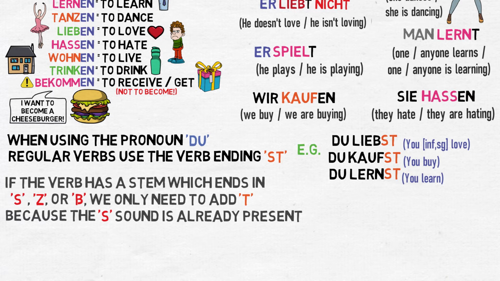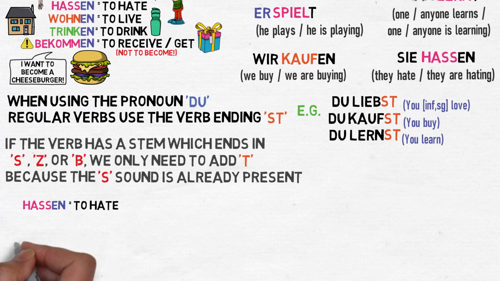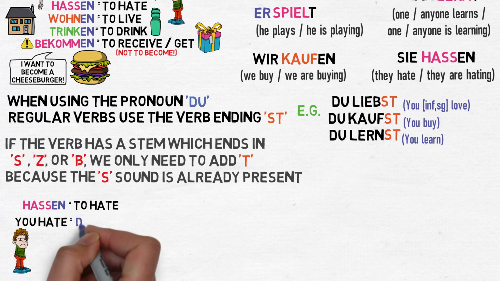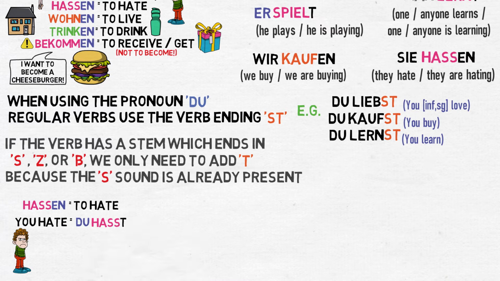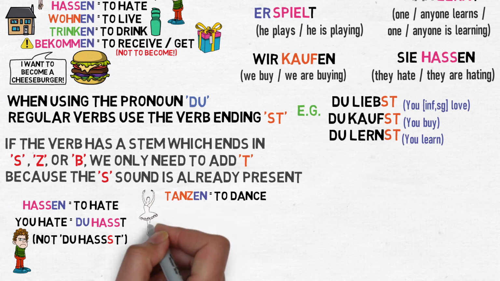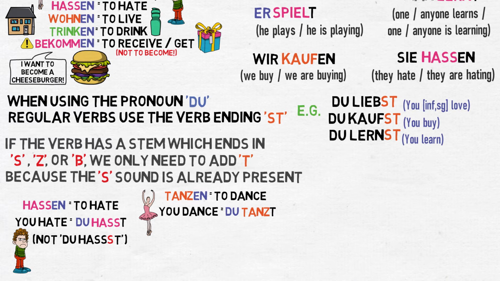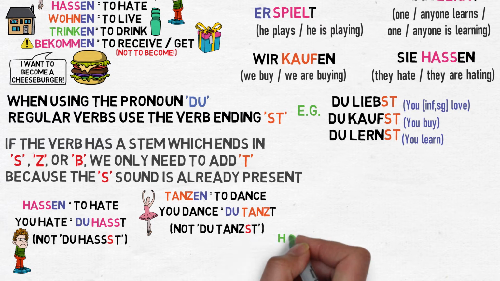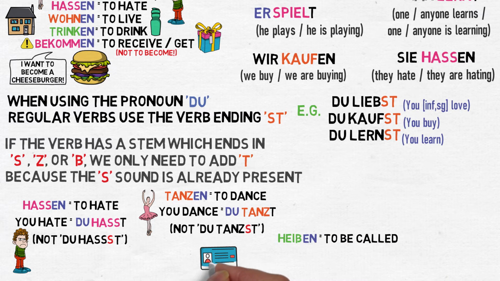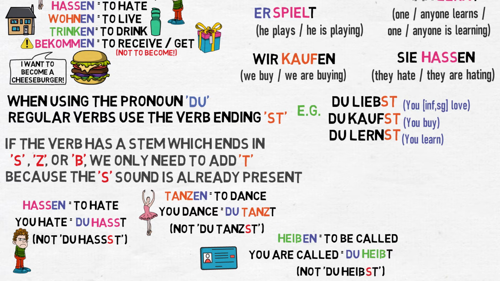For example, hassen, meaning to hate. You hate would be du hasst, not du hassest. Tanzen, to dance. You dance would be du tanzt, not du tanzest. Heißen, to be called. You are called du heißt, not du heißest.